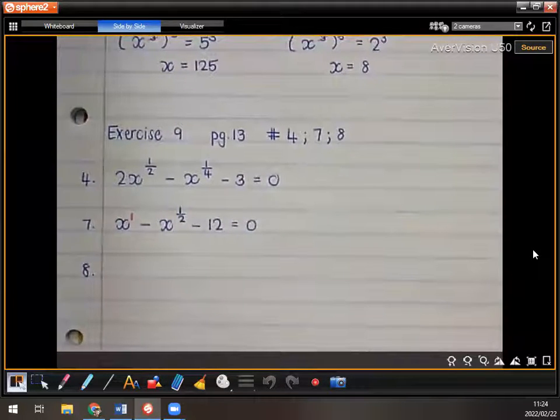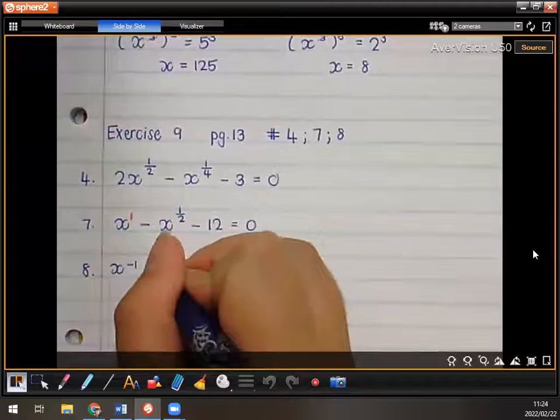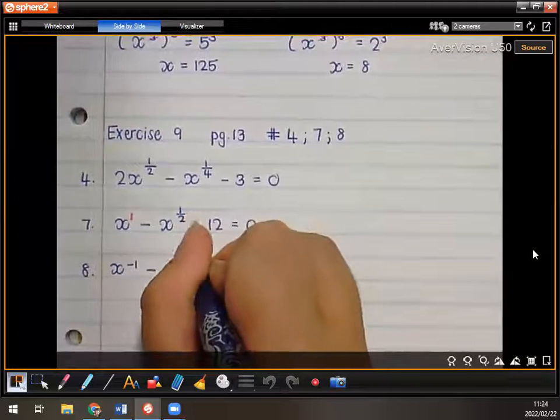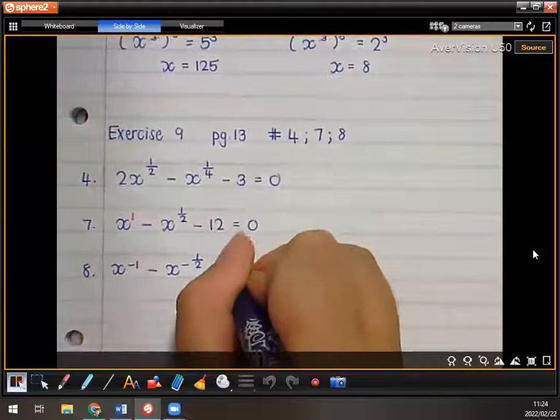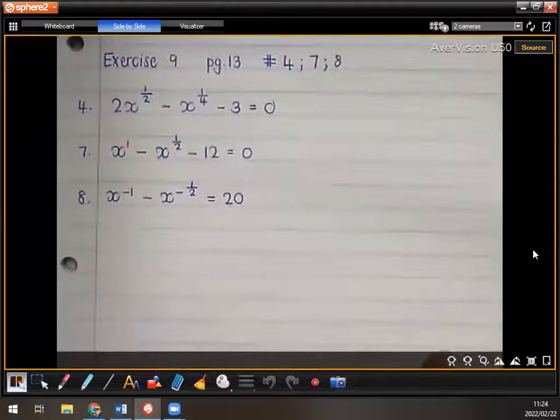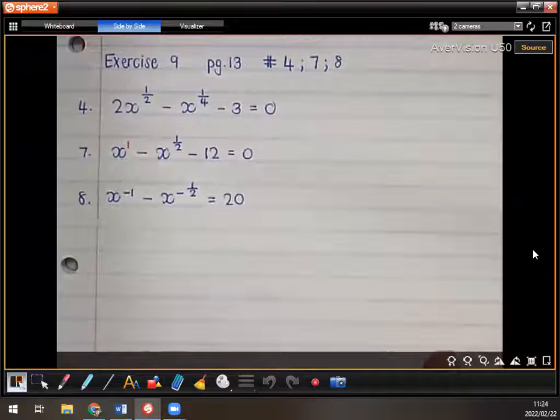And number 8. Let's quickly look at number 8. First exponent is -1. Second exponent is -1/2. Is -1 double -1/2?